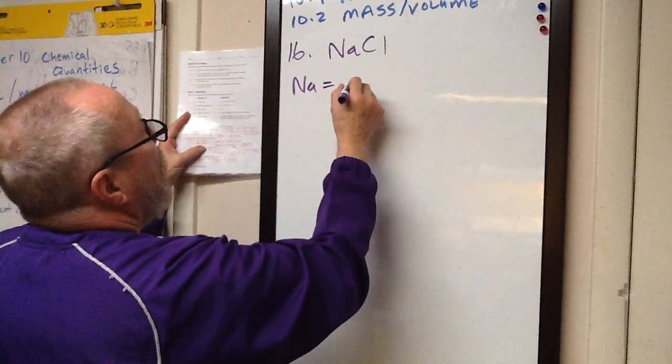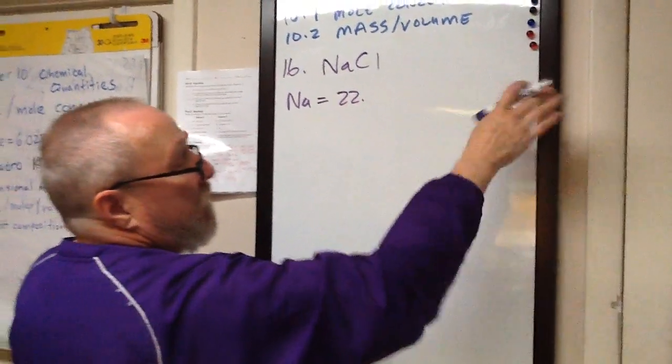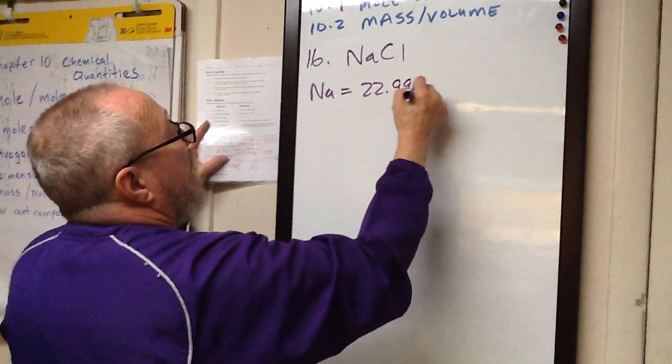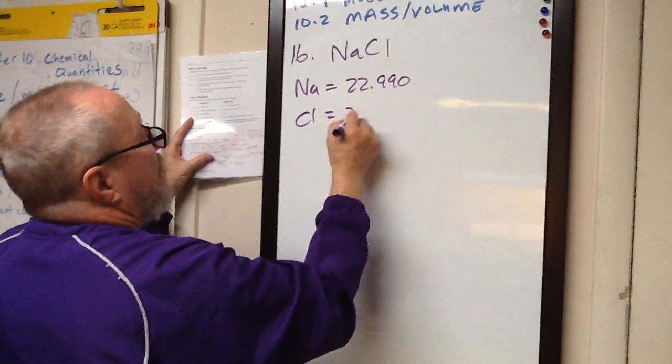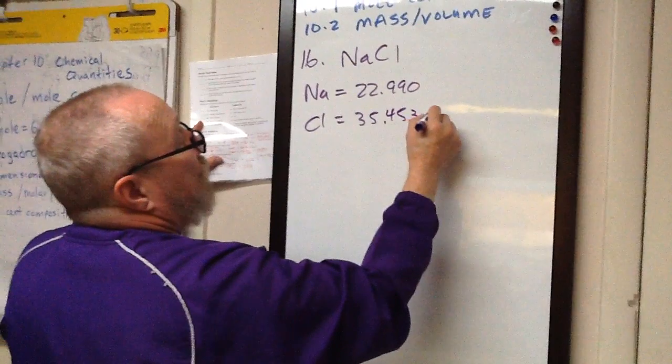Sodium, though, is going to be very close. They only change in the 2nd, 3rd, and 4th place and beyond. 22.990 grams per mole. And chlorine is equal to 35.453 grams per mole.